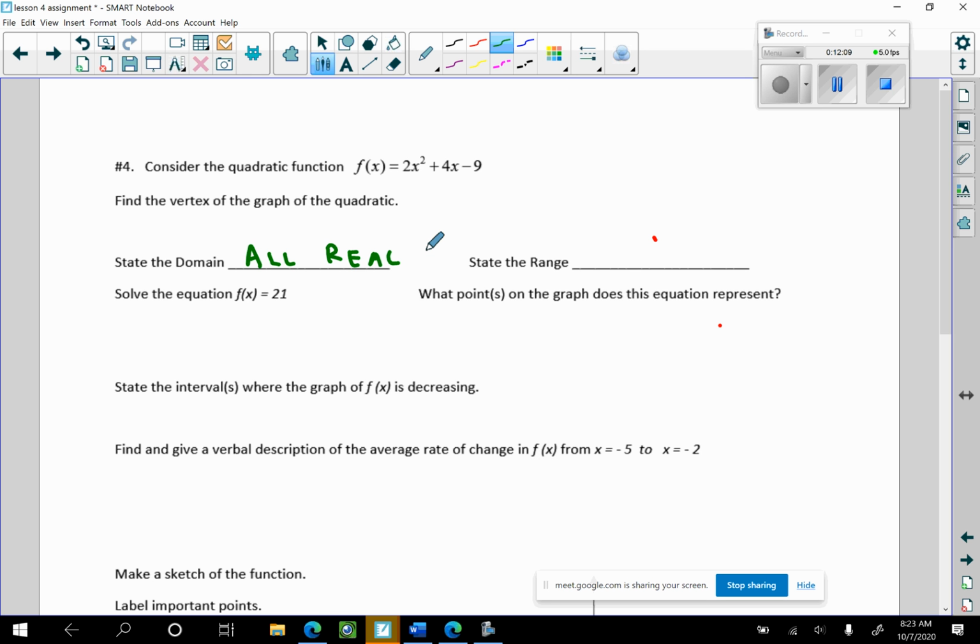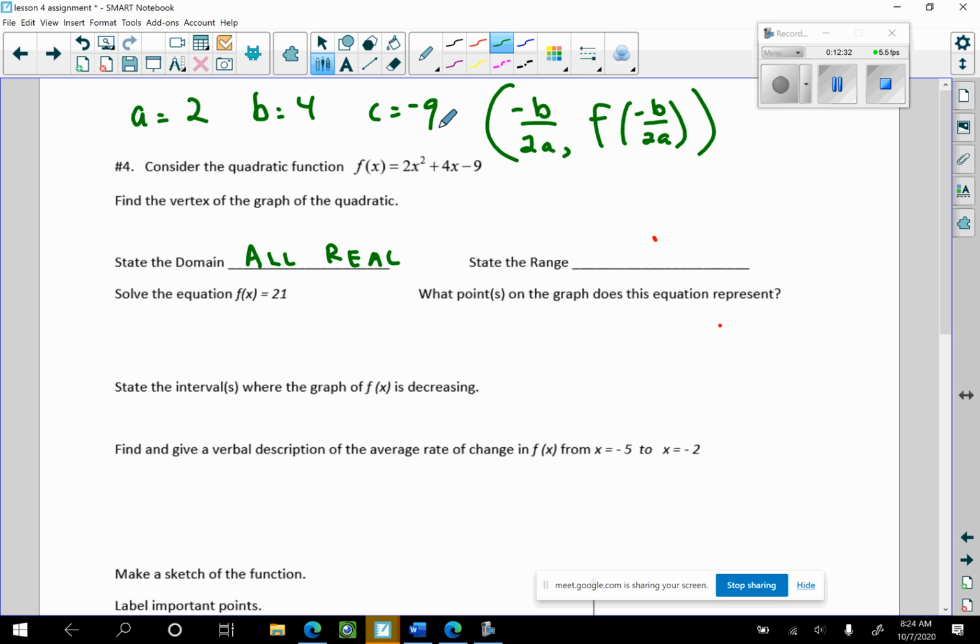Okay, find the vertex of this. Here's the vertex: negative b over 2a, comma f of negative b over 2a, because this is in standard form. I need to pick everything out. A is equal to 2, b is equal to 4, and c is equal to negative 9.